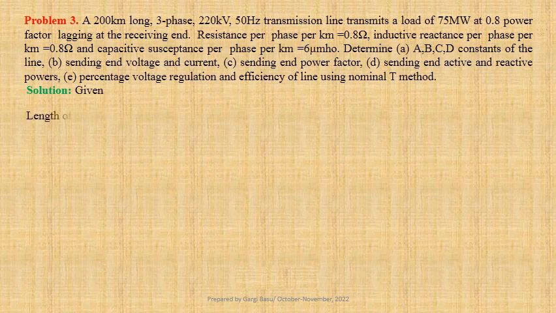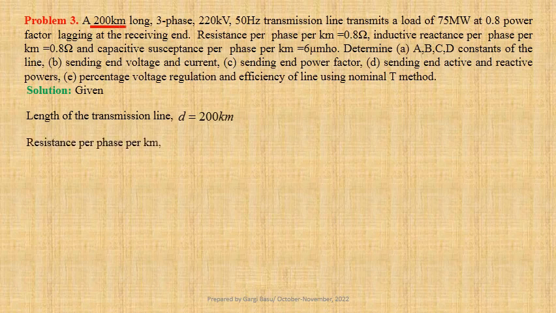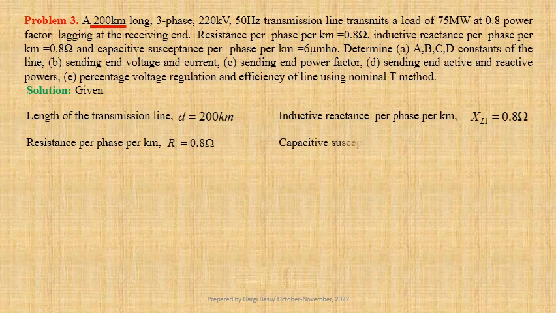Given length of the transmission line D equals 200 kilometers. Resistance per phase per kilometer R1 equals 0.8 ohm. Inductive reactance per phase per kilometer XL1 equals 0.8 ohm. And capacitive susceptance per phase per kilometer BC1 equals 6 micromho.